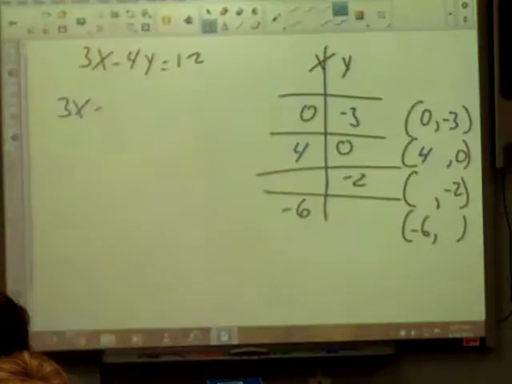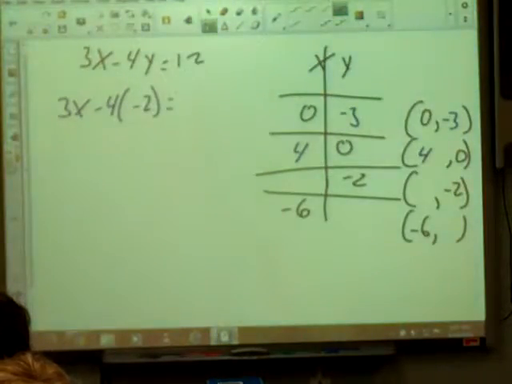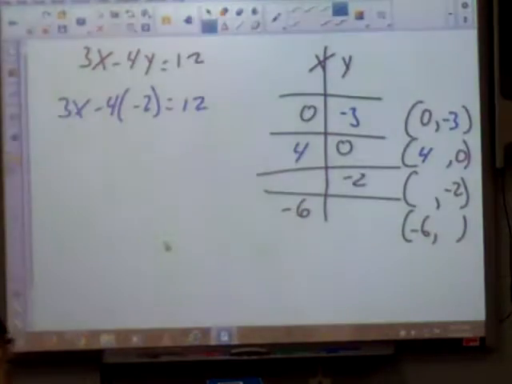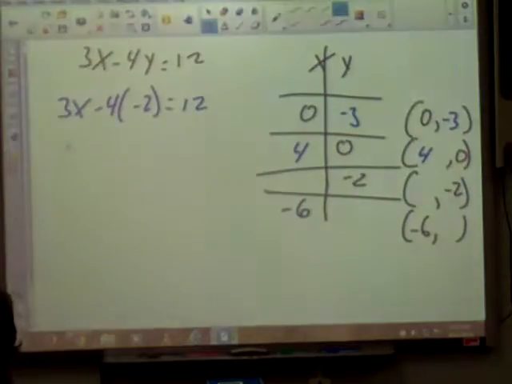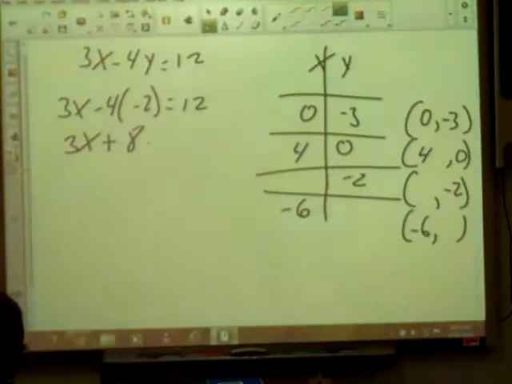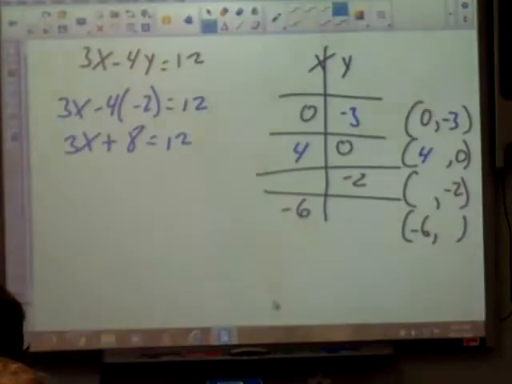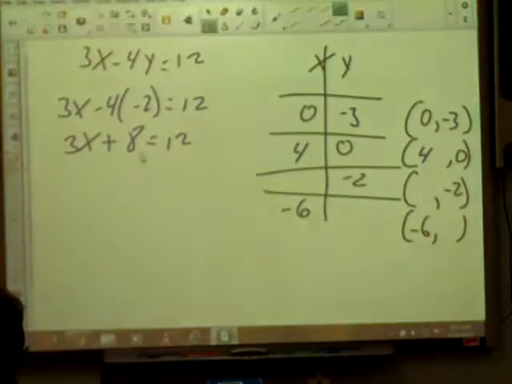So 3x minus 4 times -2. Now be careful with how you write this when you do that multiplication, because that's -4 times a -2, which makes that a +8. Still not a difficult equation to solve, but you've got another step because it wasn't a 0, it's an 8 now. So what do we do to get rid of that +8? Subtract it.